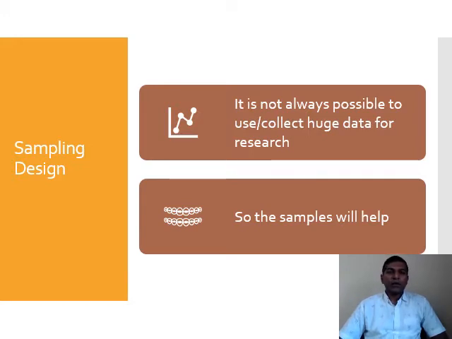Let's assume we have crores of people's data available. Then we get a smaller size of similar data. That particular data is known as the sample. Some samples we choose, we check, and then we use. So sampling is definitely going to help us reduce research time and cost.